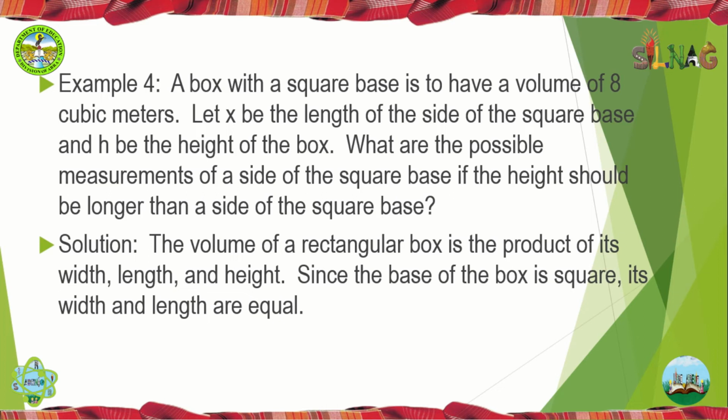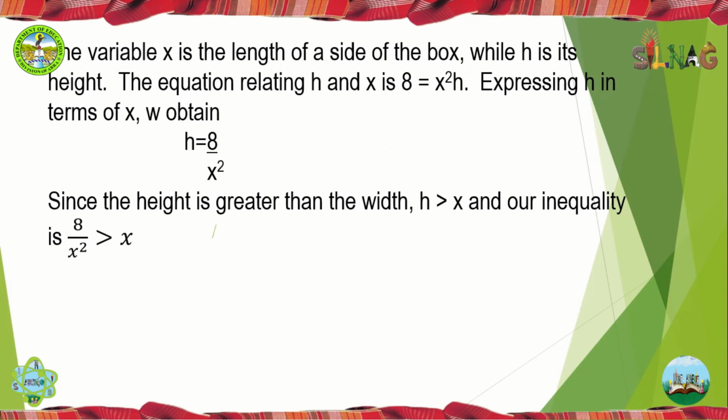The volume of a rectangular box is the product of its width, length, and height. Since the base of the box is square, its width and length are equal. The variable x is the length of a side of the box, while h is its height.